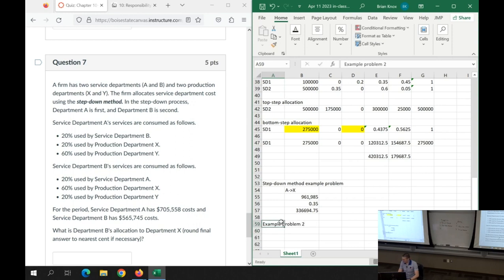Example problem 2. Step-down method example problem 2. All right, so what do we want to know? B to X now.